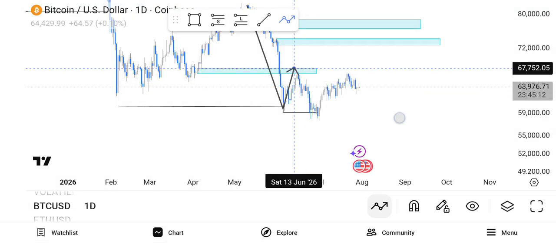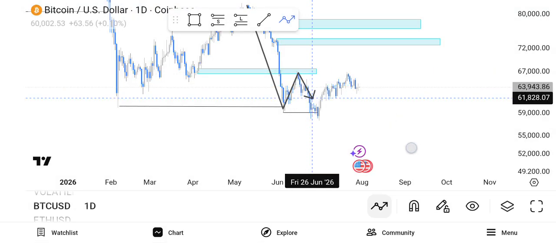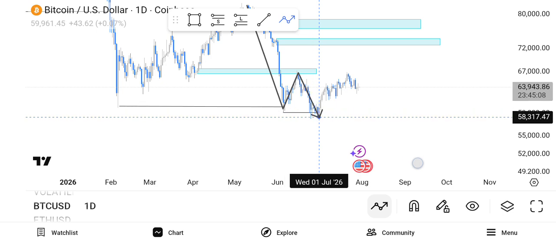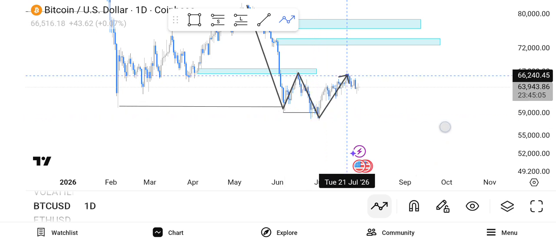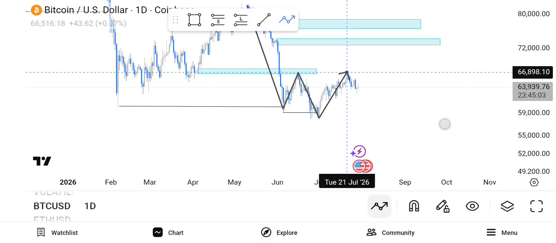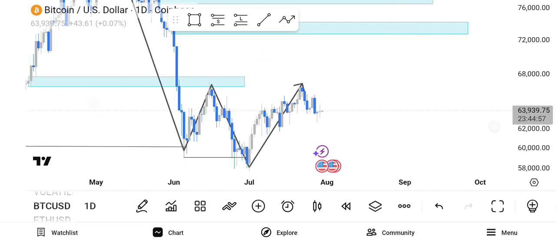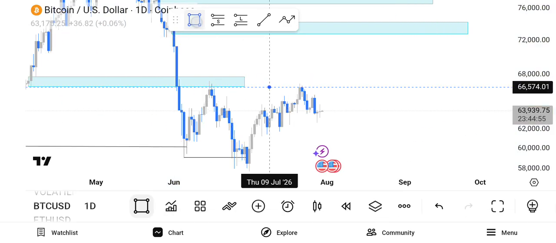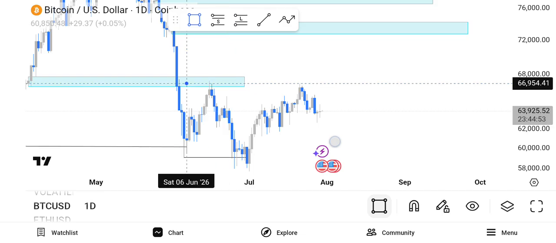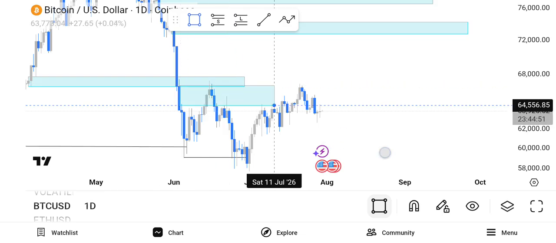Then the market has been bearish again from June to July, and then we're almost running out of July. We have this little buy to the upside, but as I was saying earlier in the video, bias is long term, while trend is over a short term.